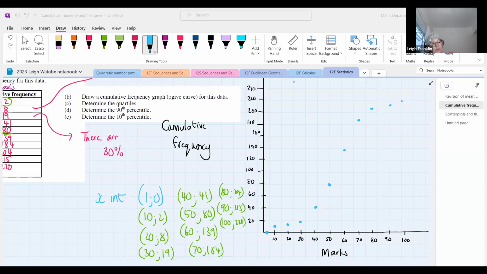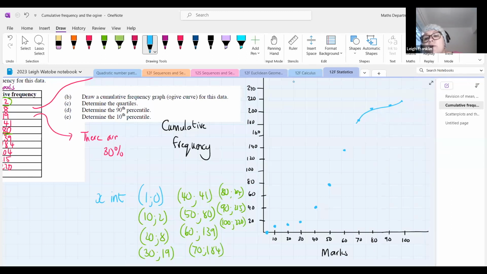What we should make sure we do, so that we read our information off accurately, is make sure that when you draw your curve, it goes through all of these points. Sometimes it's a little bit difficult, and this is one of those instances where I'm going to do my best.